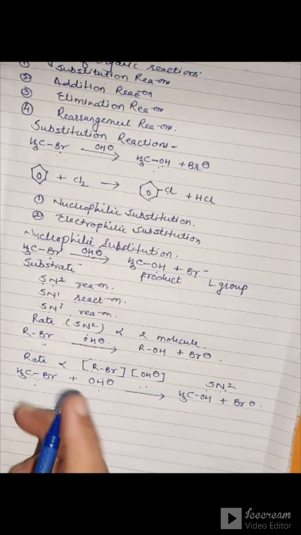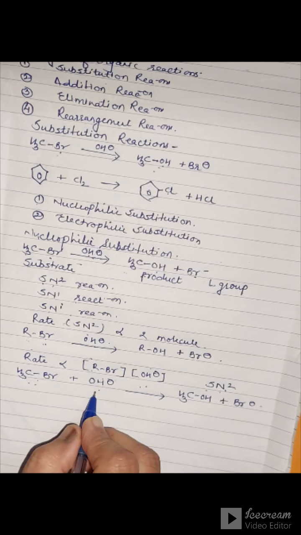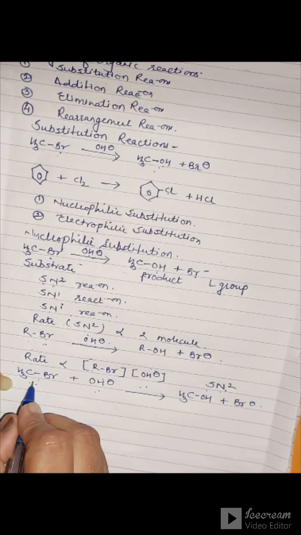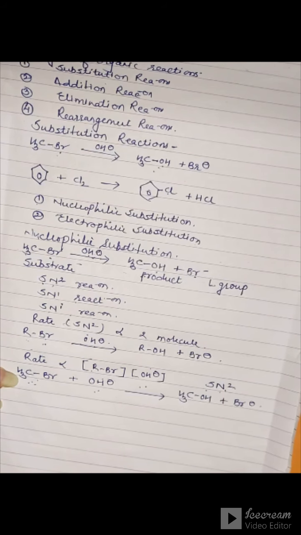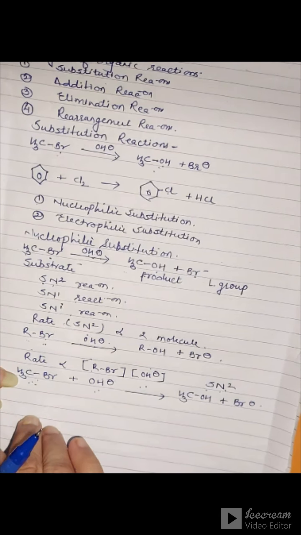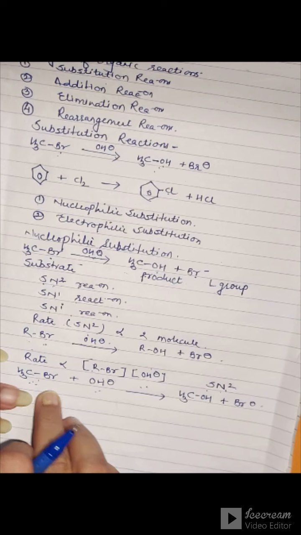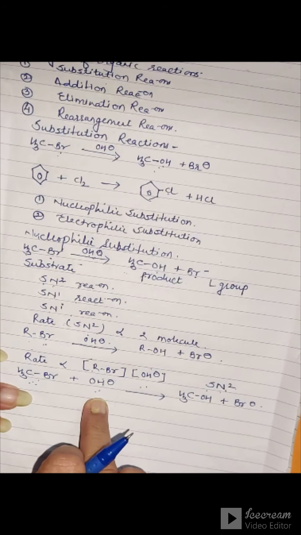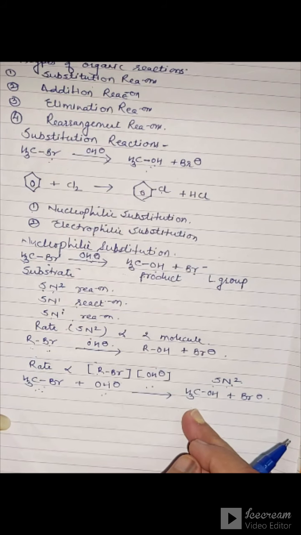If we double the concentration of CH3Br and keep the concentration of OH negative constant, we see that the rate of reaction increases 2 times. Suppose we keep the concentration of CH3Br constant and we double the concentration of OH negative, we see that the rate of reaction also doubles.